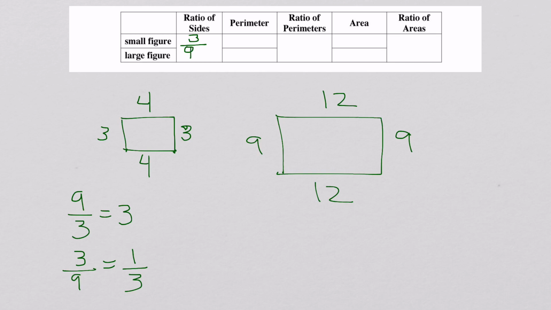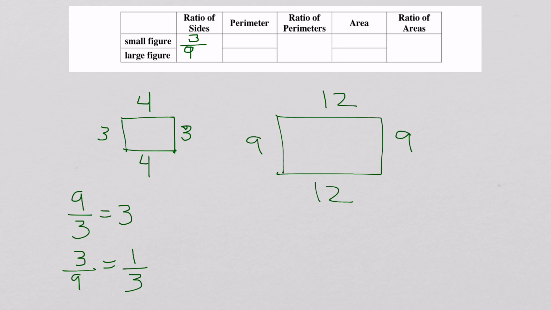This is small figure to large figure, okay? It means we're getting bigger. If we flipped it, it means we're getting smaller. So whichever number you put on top, that's the direction that you're changing the shape in. So the smaller number on top means you're getting bigger. If the smaller number was on the bottom, it means you're getting smaller.